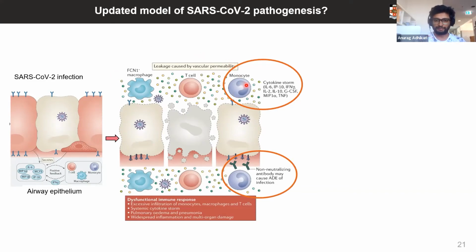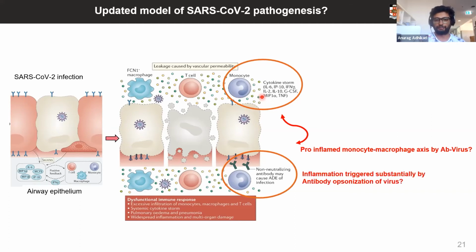And if that happens, based on their immune profile, would the disease spectrum be different? And would this pro-inflammatory monocyte macrophage axis, driven by antibody and virus, change the fate? That's what we want to ask.